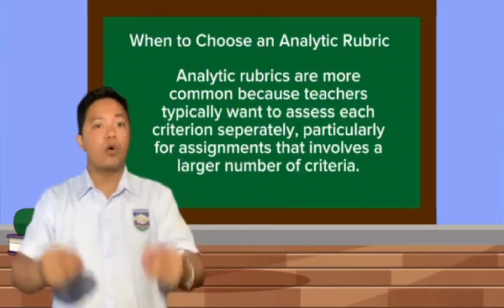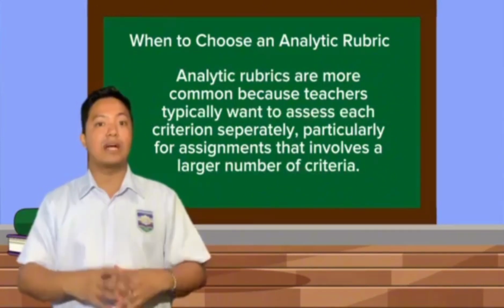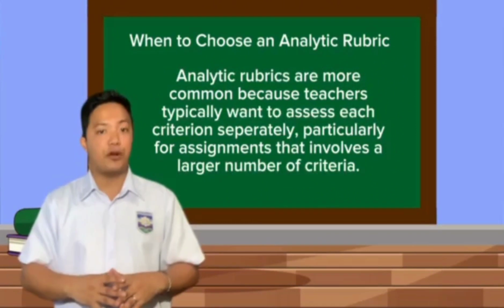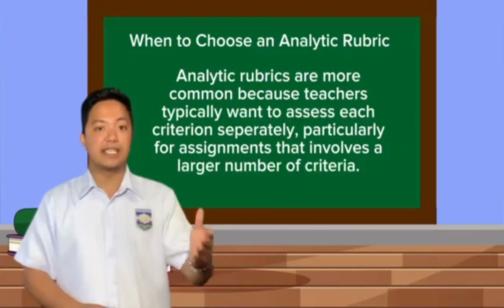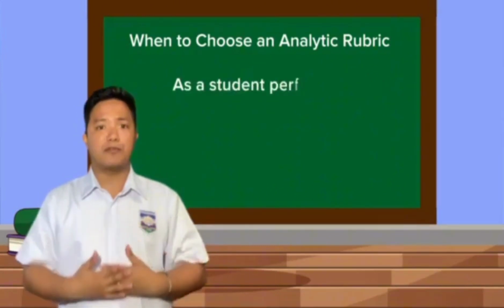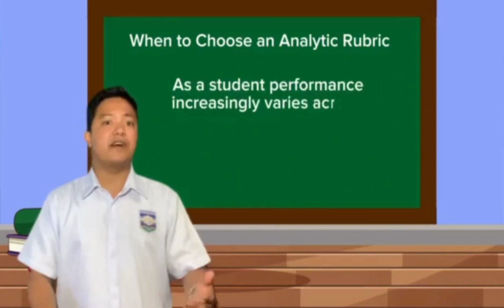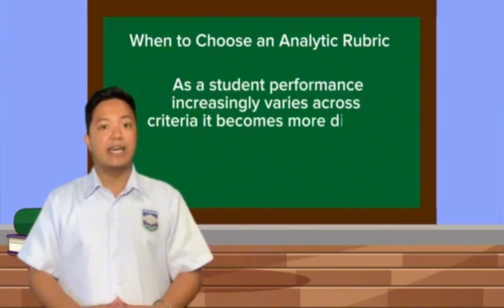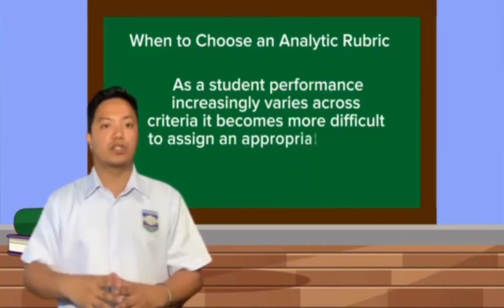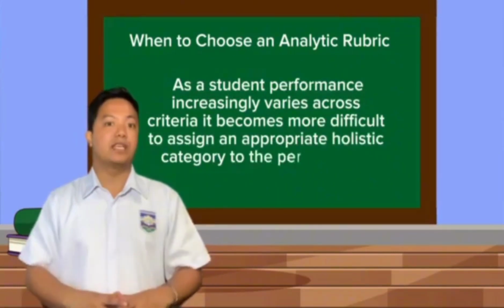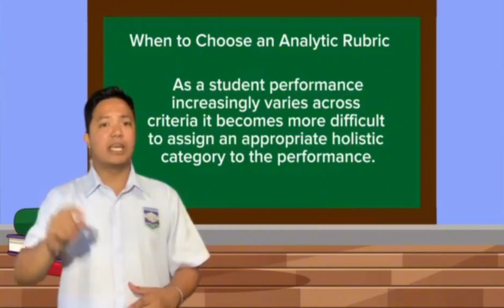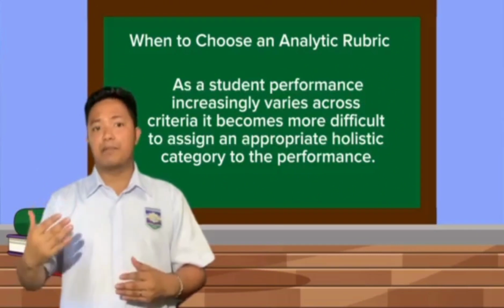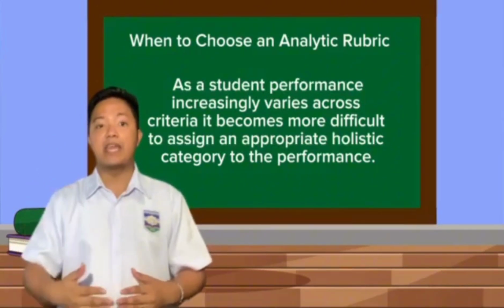It becomes more and more difficult to assign a level of performance in a holistic rubric as the number of criteria increases. As a student's performance increasingly varies across criteria, it becomes more difficult to assign an appropriate holistic category to the performance. Additionally, an analytic rubric better handles weighing of criteria.